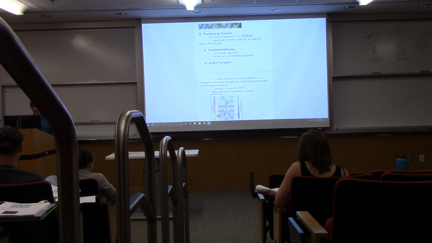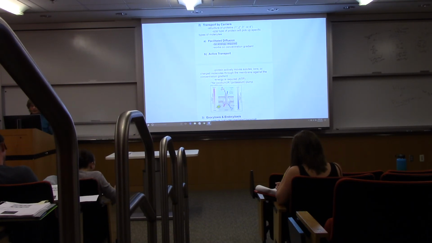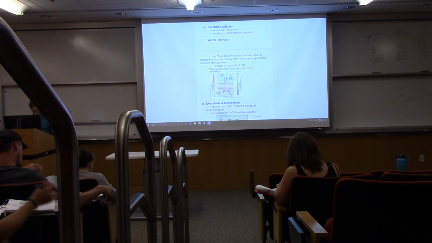Facilitated diffusion, no energy is required. This is a passive transport, down the concentration gradient. Again, active transport.